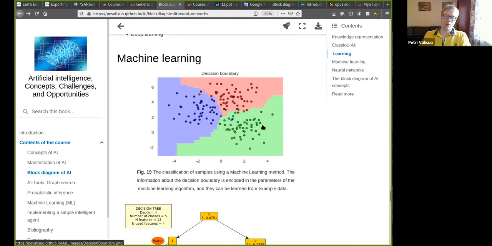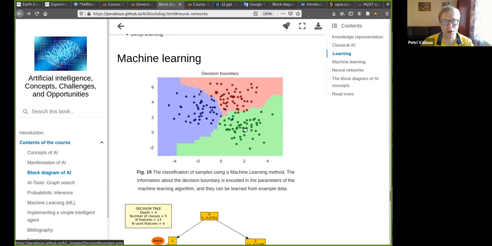So this is one way of coding this information without much manual work. You just give samples and the algorithm learns, it creates a structure, it encodes this information, and then you can use it to find, for example, the classes for unknown cases. But this can also be used for regression.